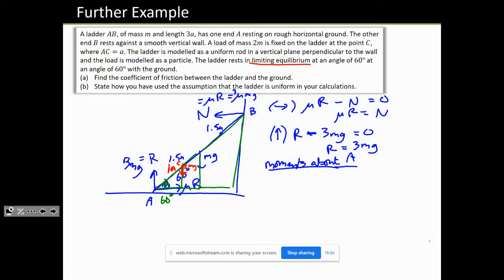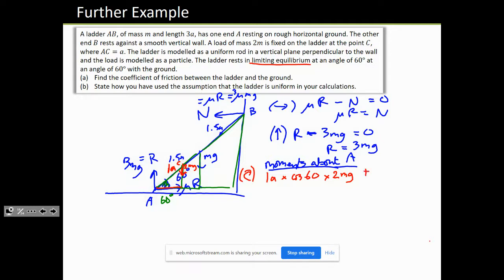The perpendicular distance from A is this line here. So that line there is going to be 1a multiplied by cos 60, using normal trigonometry to get that perpendicular distance. And then the force itself is 2mg. That's clockwise.